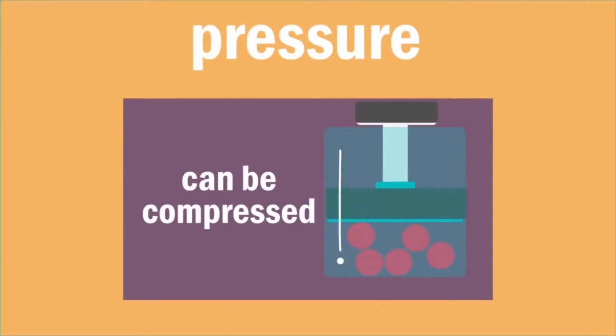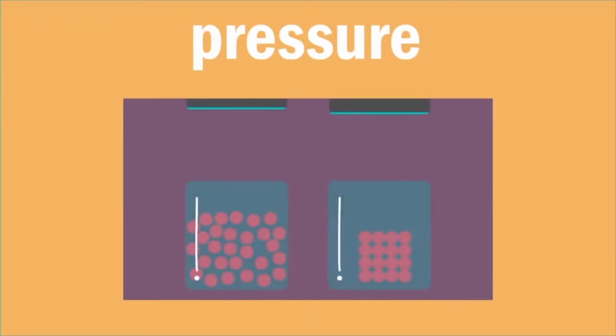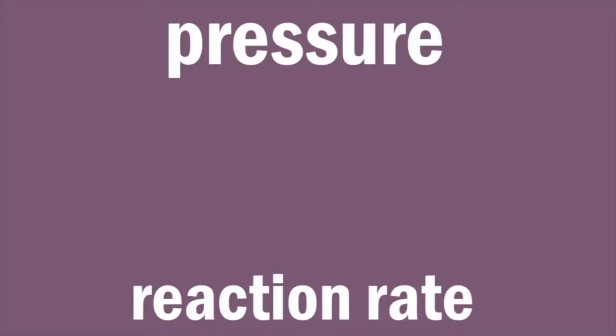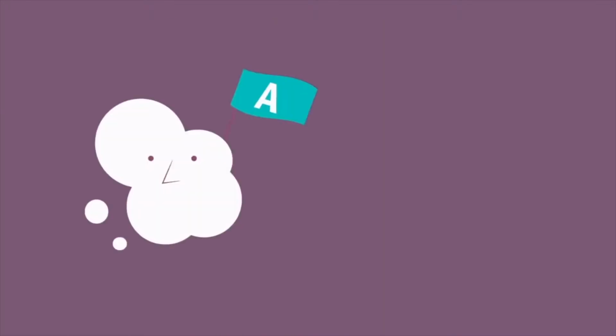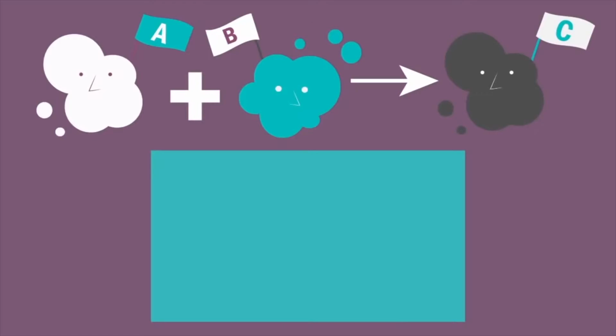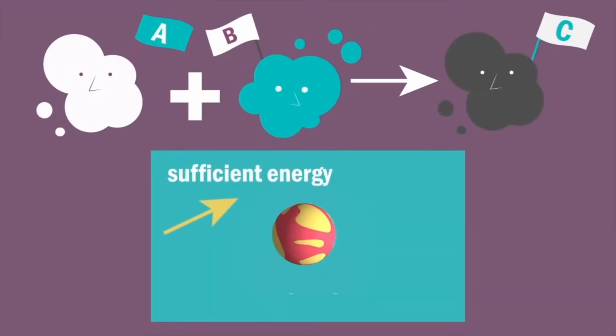We know that gases can be compressed, whereas solids and liquids cannot. Therefore, pressure only affects the reaction rate of gases. For example, let's say we have gas A and gas B reacting to form gas C. For gas A and gas B to react, they must collide with a sufficient amount of energy.